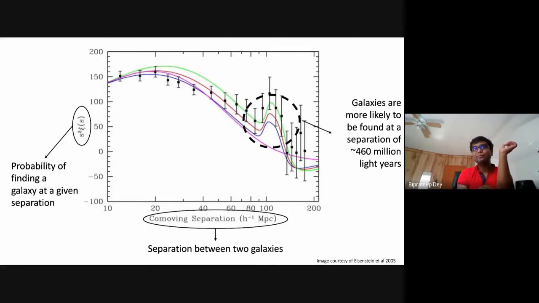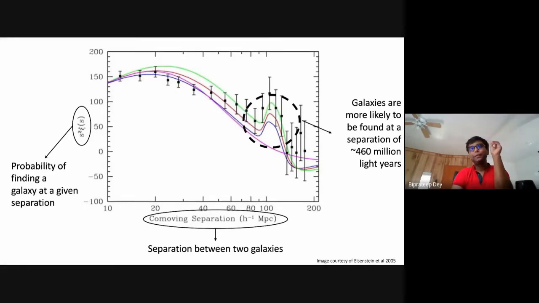This tiny bump is what people say is the signal from baryon acoustic oscillations, that there's a preferable distance at which galaxies are separated. And this distance corresponds to the wavelength of the sound that traveled in this primordial soup.